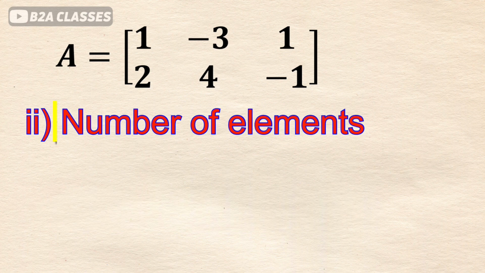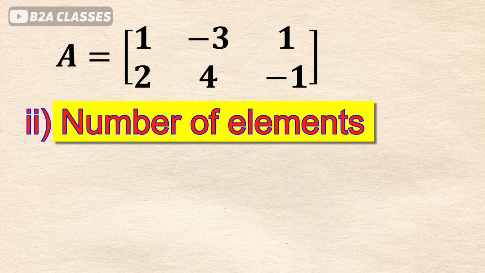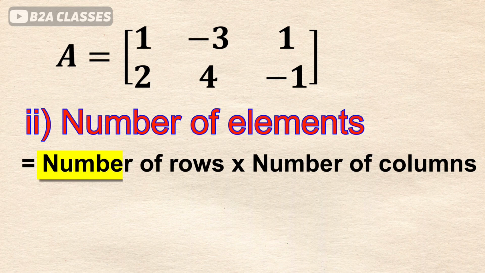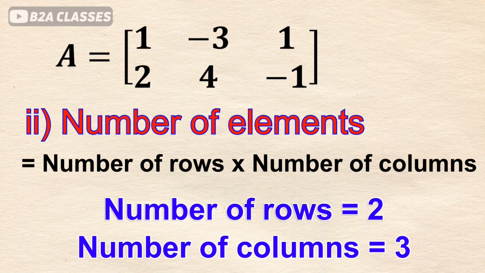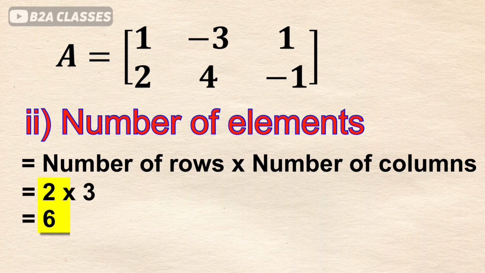Next, we have to write the number of elements of the given matrix. For this, we don't need to count the elements in the matrix. Just multiply number of rows and number of columns. Number of rows is equal to 2 and number of columns is equal to 3. Therefore, number of elements in the matrix is 6. Or we can directly multiply the order of the matrix. We will get the same answer.